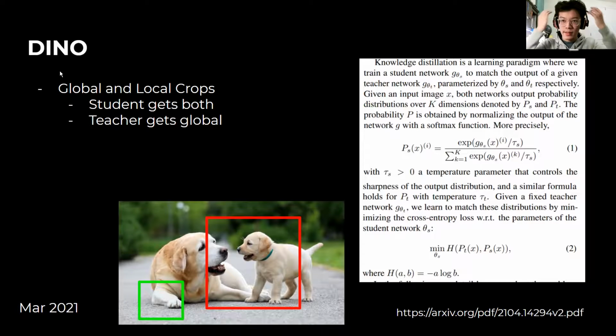Okay, another augmentation that they have is global versus local crops. So the student gets both kinds of crops and the teacher gets global crops. What a global crop stands for, I think, is when the crop is larger than a certain proportion of an image, and a local crop is just a very local portion of the image.